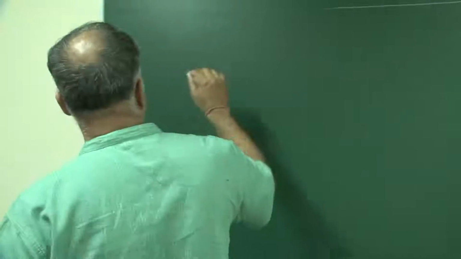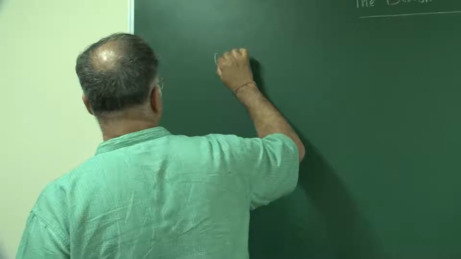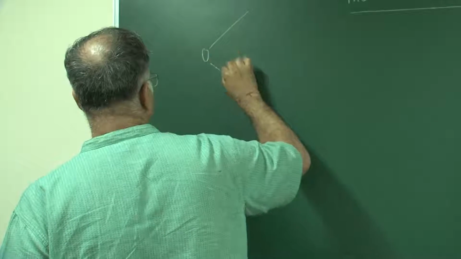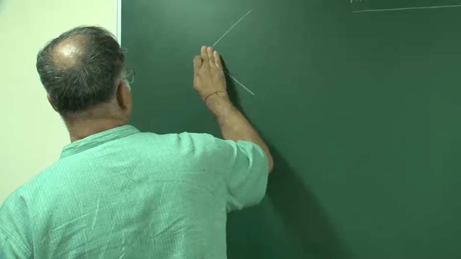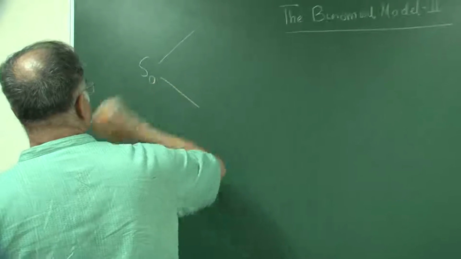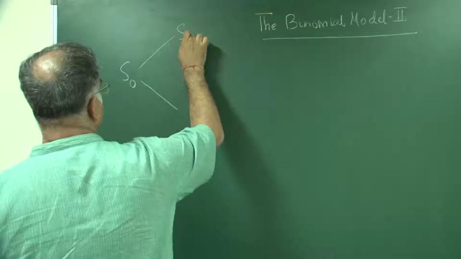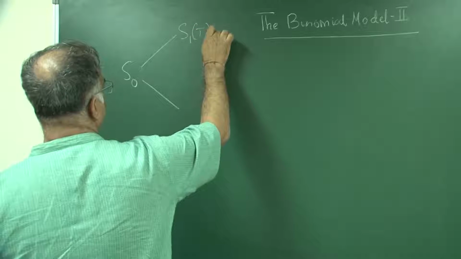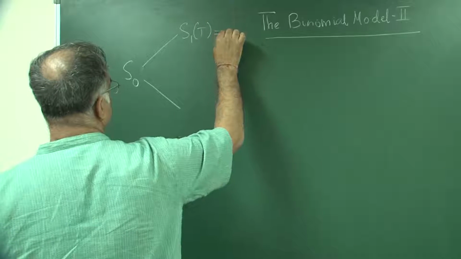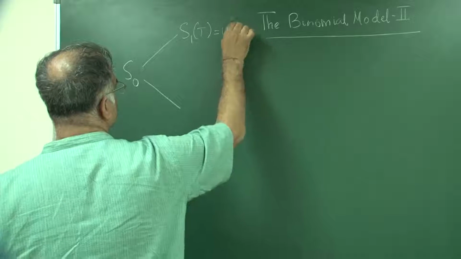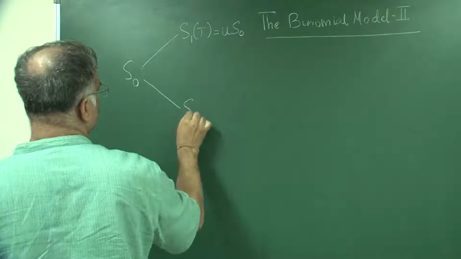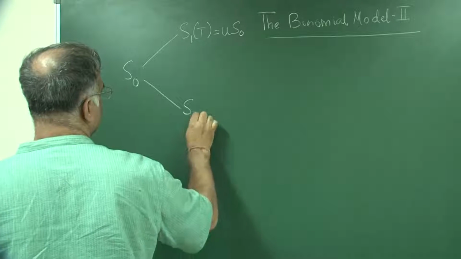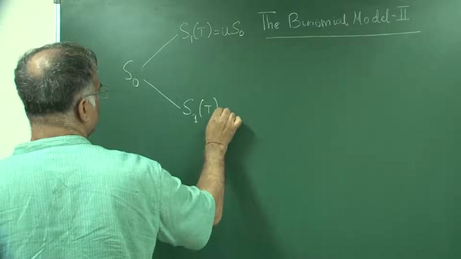So, we are essentially into option pricing, and today we are supposed to look into the single period model, where the price here was S0, and then you had two possibilities of the price at time t equal to 1.